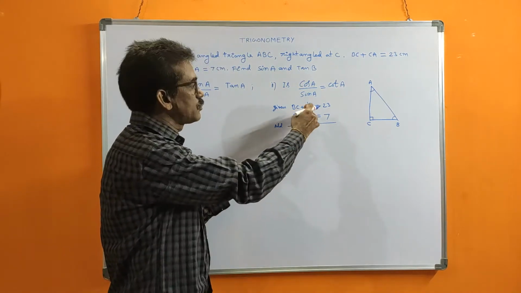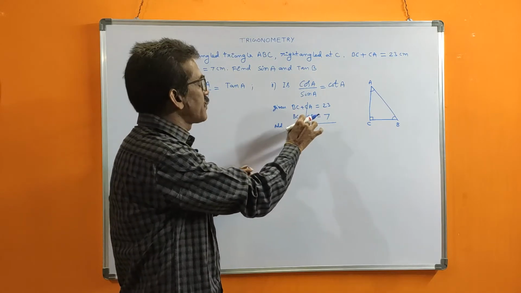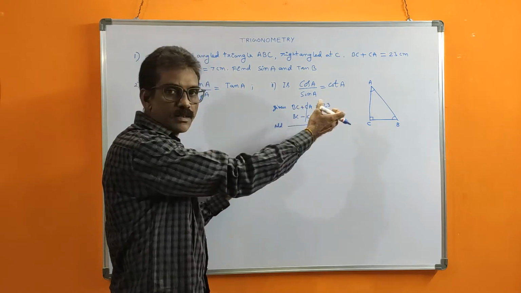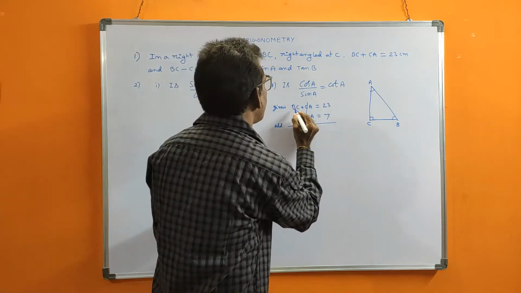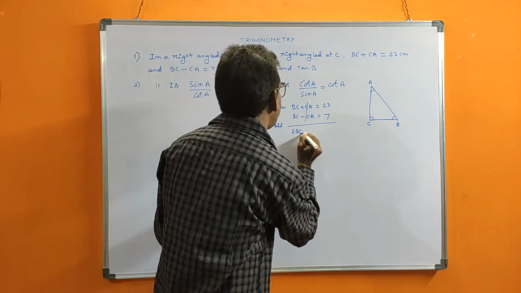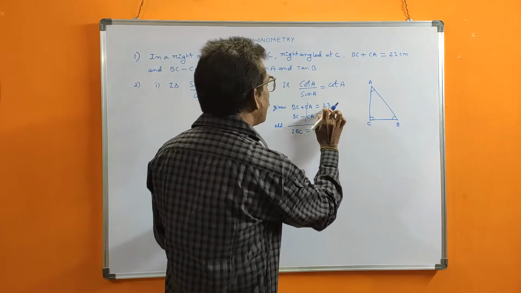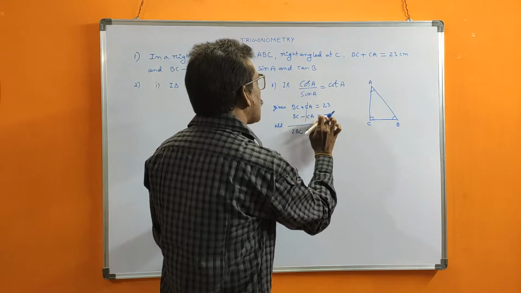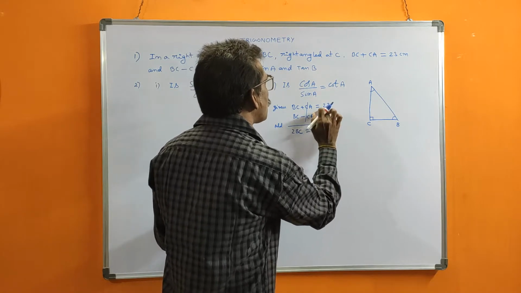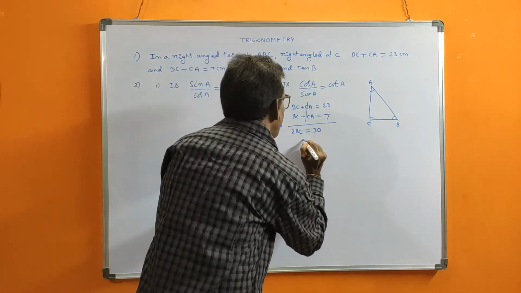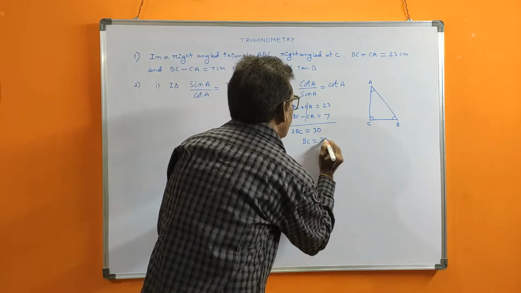Think of these two as equations, where instead of X and Y the variables are BC and CA. So BC plus BC, we are adding, gives 2BC. And 23 plus 7 is 30. So 2BC is equal to 30.